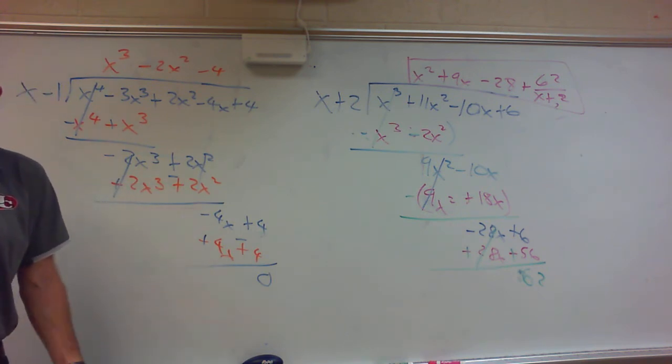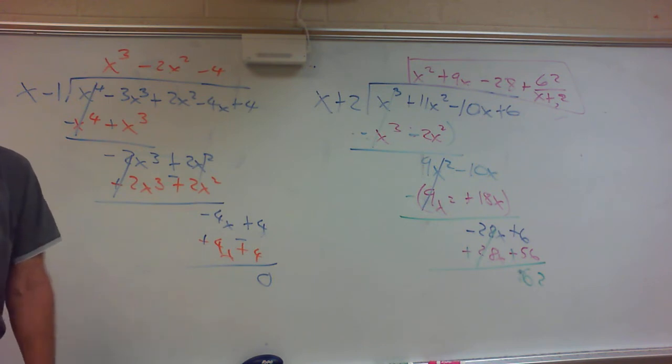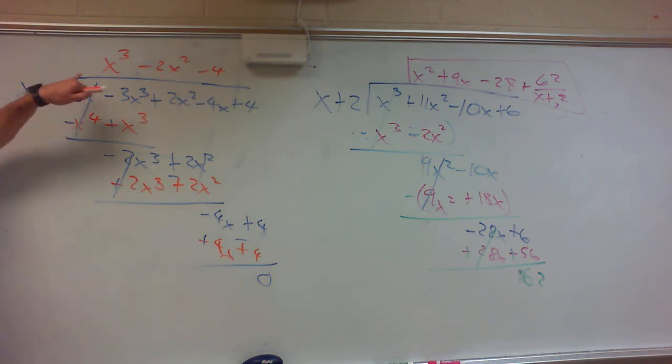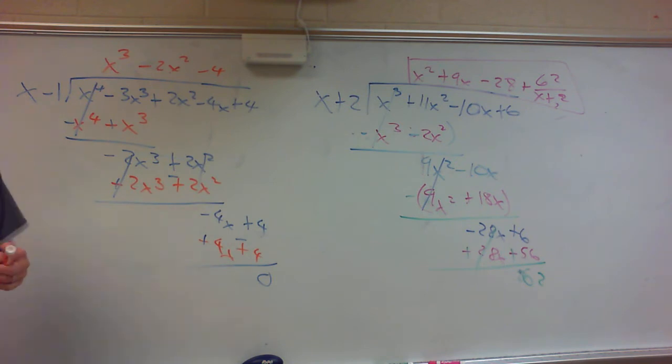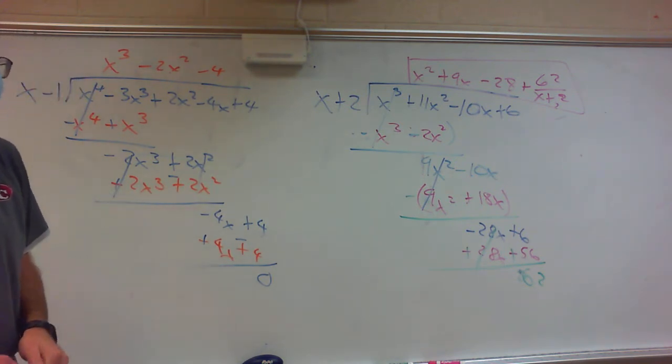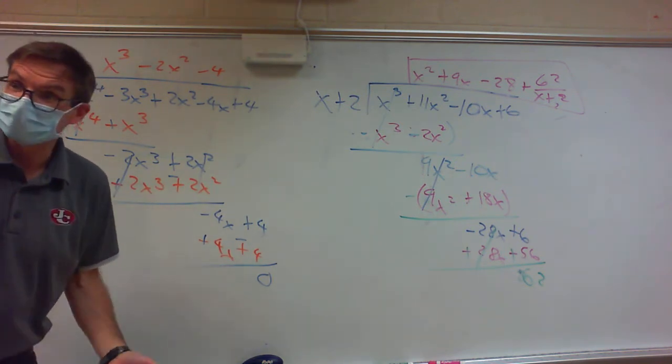Okay? It happens. You know what it means if you get a remainder of 0? That means this thing times this exactly equals this. And in the very near future, it's going to be a very good thing that we get a remainder of 0.